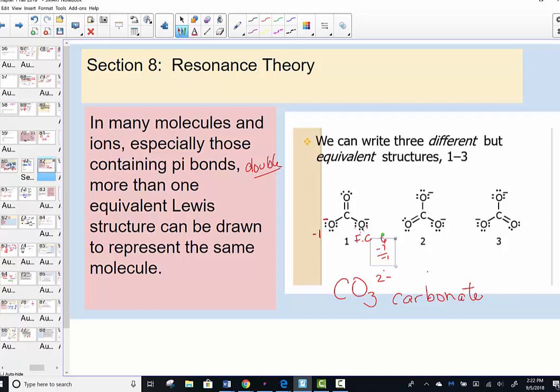And when I draw this in class, I tend to put polyatomic ions inside of a bracket and place the charge outside. The formal charge of this polyatomic ion does indeed match the charge given to carbonate as 2 negative.